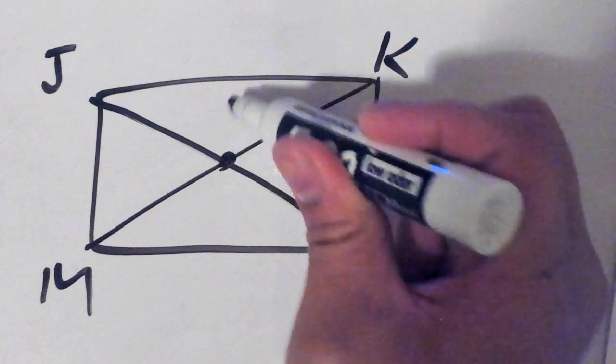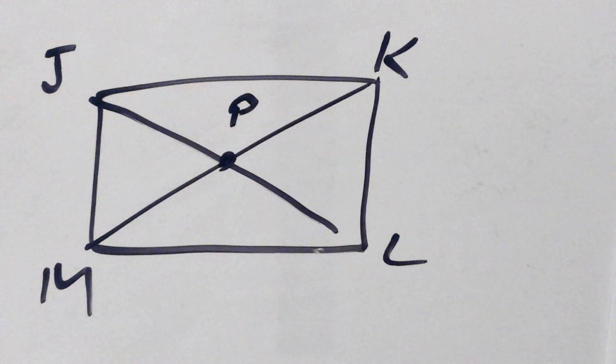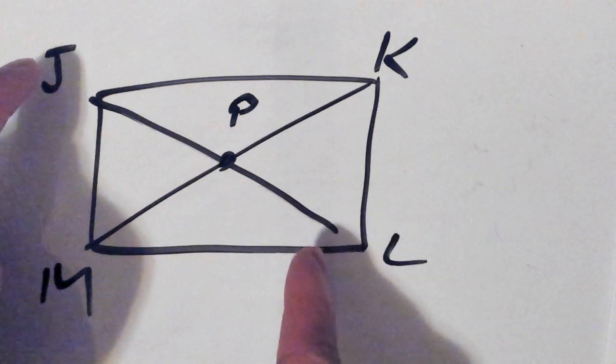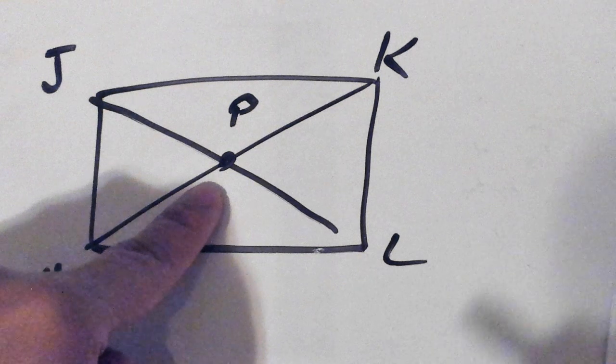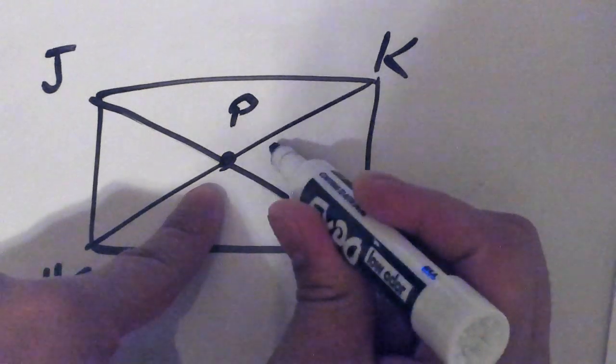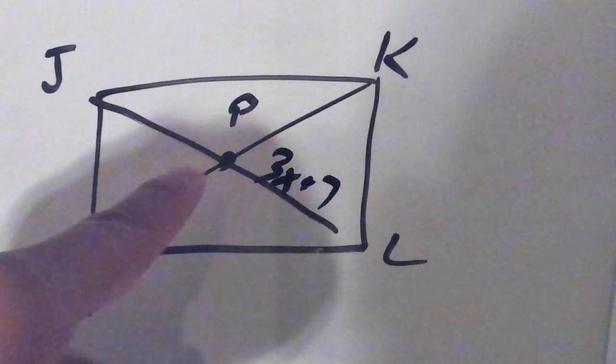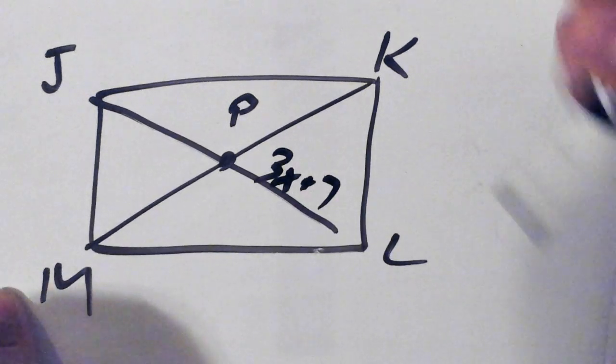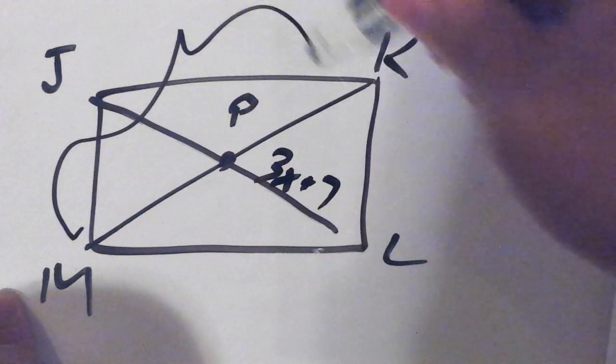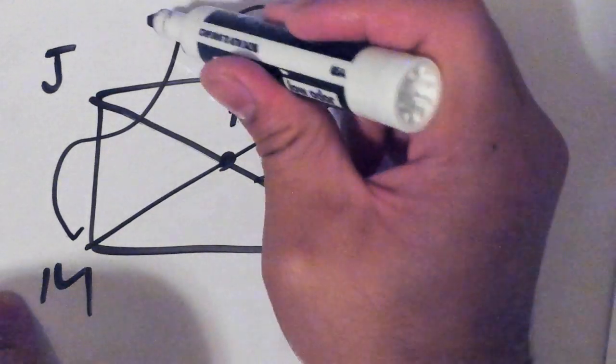Diagonals intersect at point P. It's telling me LP, this part right here, is 3x plus 7. MK, this whole segment right here, is 26.